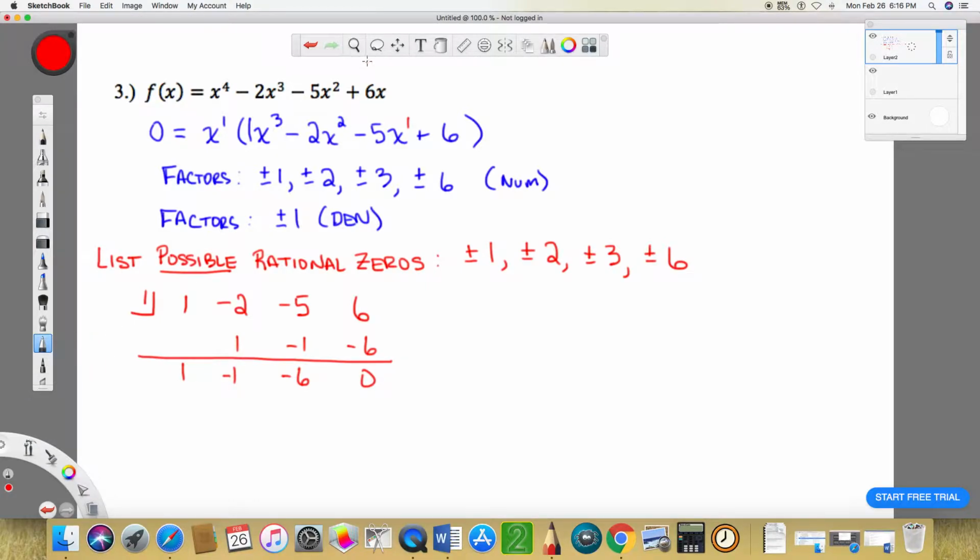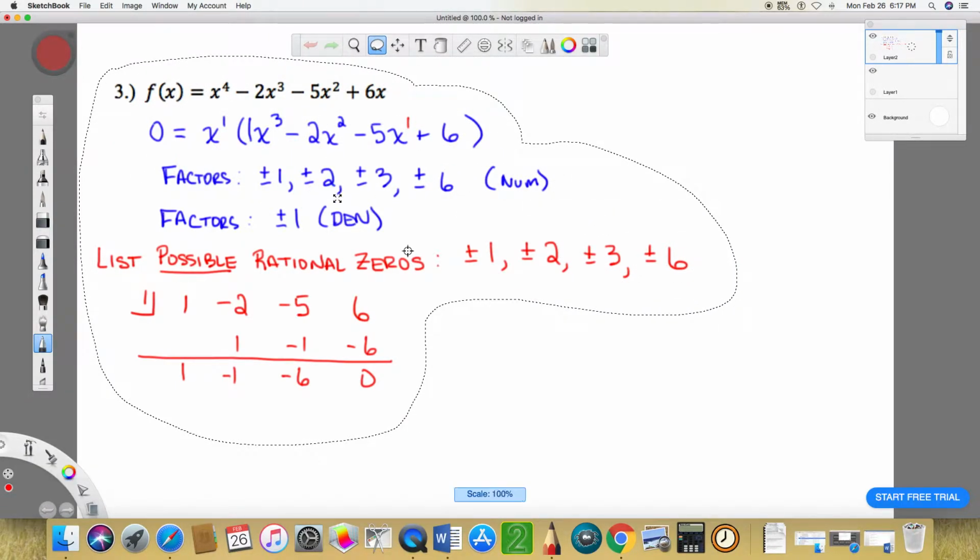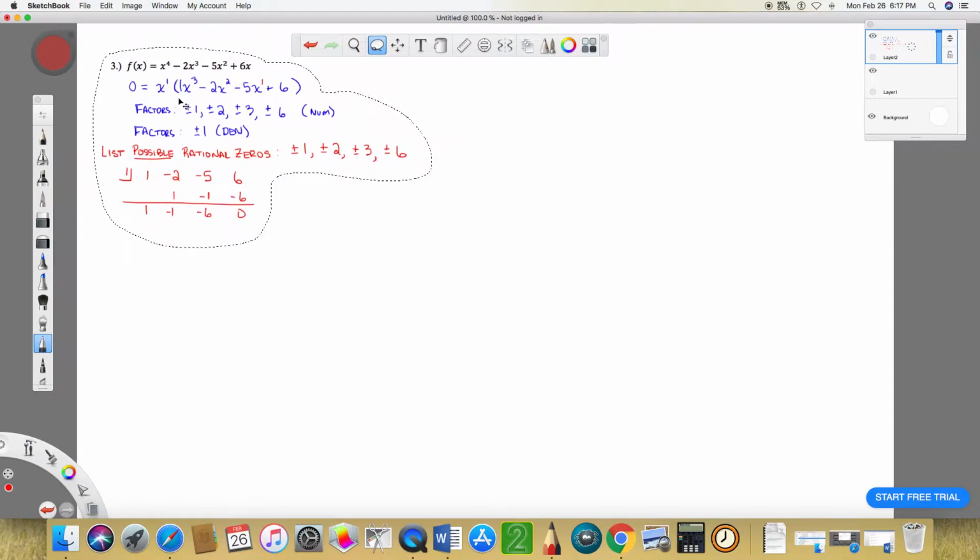So it's going to help us factor this even more. We already factored out a common factor of x. And now this 1 in factored form is written as x minus 1, and our 3 terms here are quadratic.